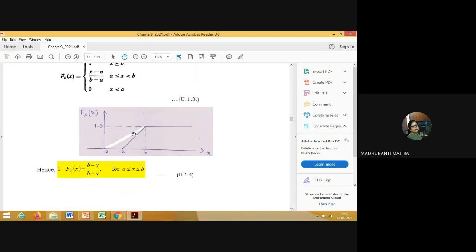And from this diagram or from this expression, it's clear that 1 minus Fx will be b minus x divided by b minus a. Please check whether this relation is correct or not. And this relationship is valid within this region.